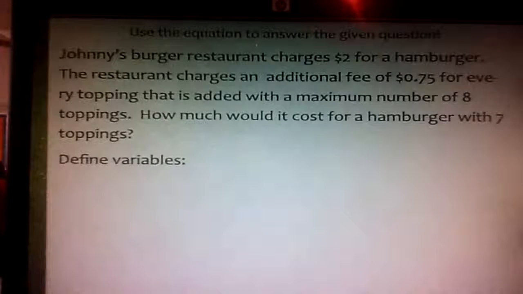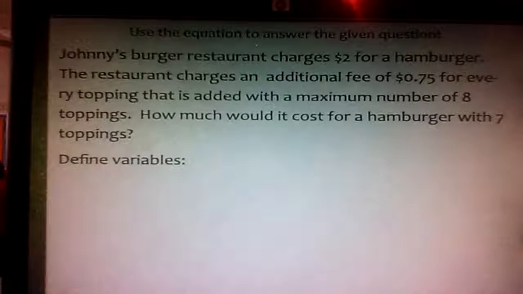Like it broke. So, again, we need to figure out what number is never going to change. That's your y-intercept. What number is changing every time? That is your slope. Johnny's Burger Restaurant is charging $2 for a hamburger, and they charge an additional fee of 75 cents for every topping that's added, with a maximum of 8 toppings. What's your y-intercept?